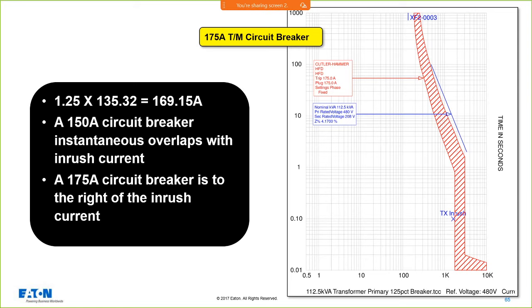That breaker fits nicely in between the thermal damage of the transformer and the inrush current. So that one seems to be a better protection for the transformer, definitely. It'll trip much faster, and it'll let the transformer energize.